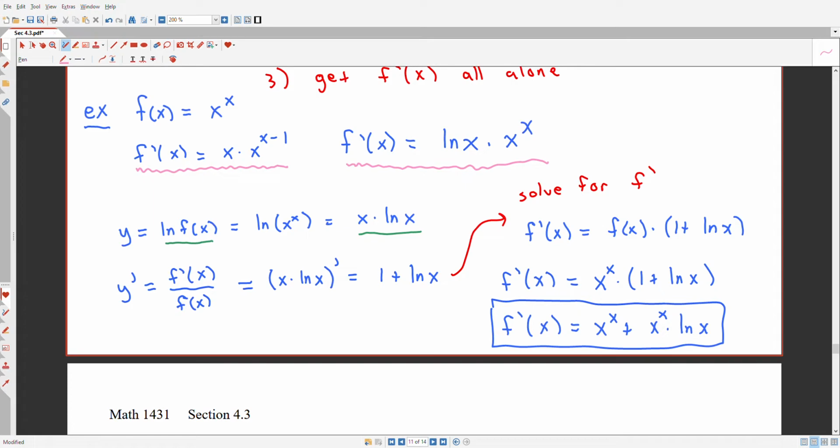It's not a power function, it's not an exponential function, it's sort of a combination. But if you think hard about this, this formula we just got using logarithmic differentiation is actually these two things added together. It's neither rule, but it's sort of both of them if you add both rules together. That's exactly what you'll get using logarithmic differentiation.